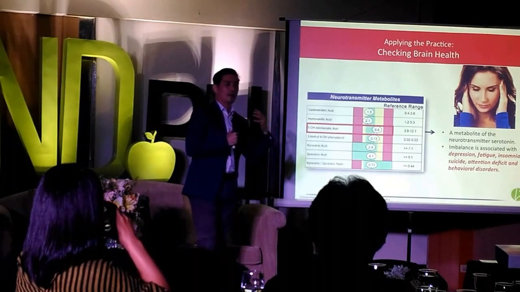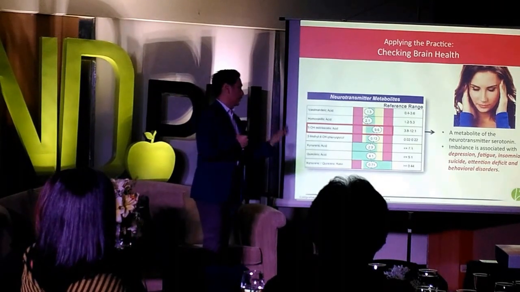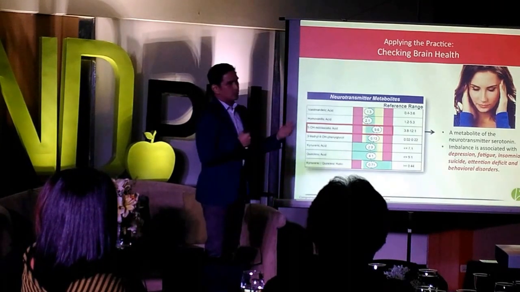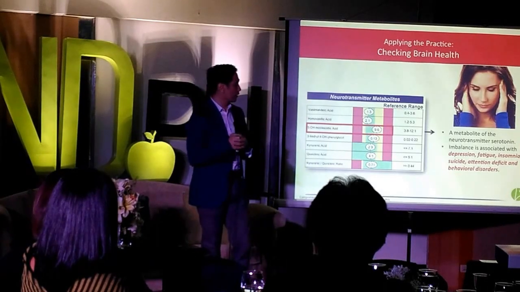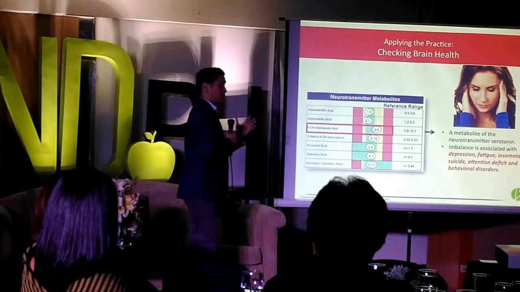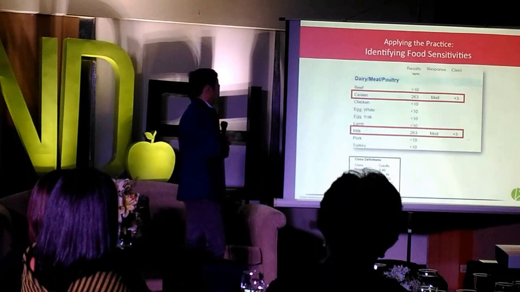These are all vital chemicals in order for our brain to communicate with the entire body. So that's why it's associated with conditions such as depression, fatigue, sleep disorder, these things. So it's good to measure the different components that make up how we can remain healthy.